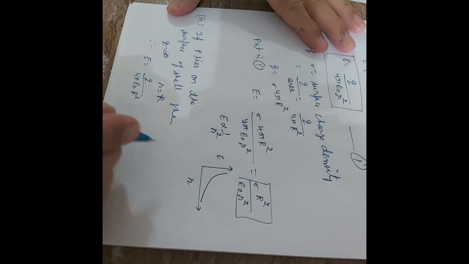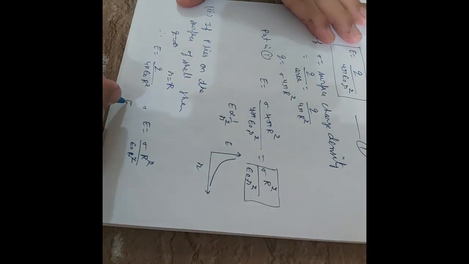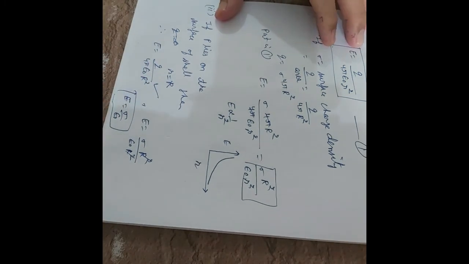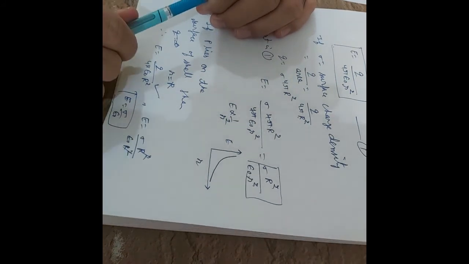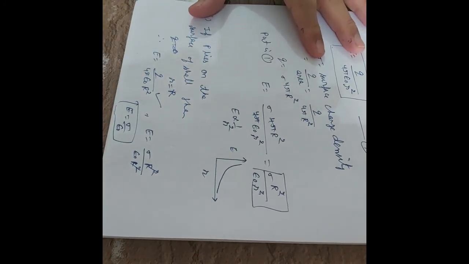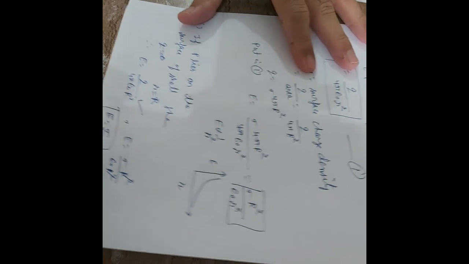And its second expression: in sigma R square by epsilon naught r square, in place of small r put capital R, so they would be cancelled. So E equals sigma upon epsilon naught. Again it says that E is inversely proportional to the square of distance.